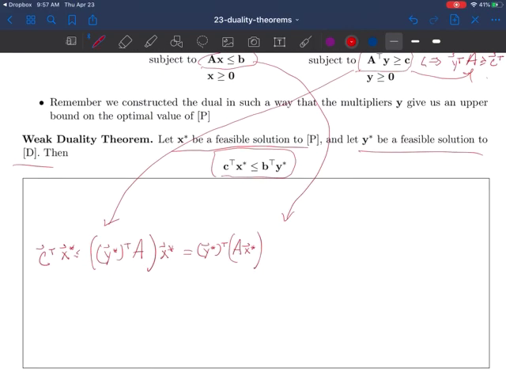And now I can use primal feasibility and substitute in b. And I get that this is less than or equal to y star transpose b. So this one used the fact that c transpose is less than or equal to y star transpose A. That's dual feasibility.